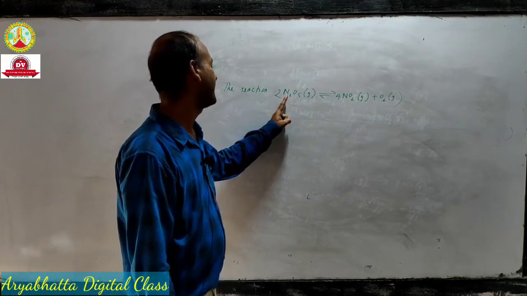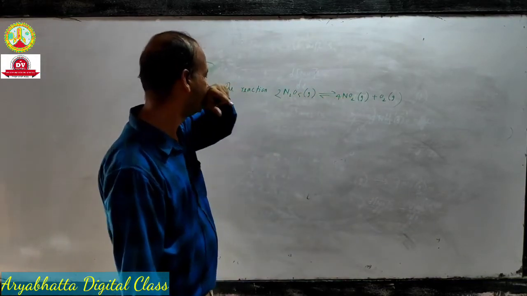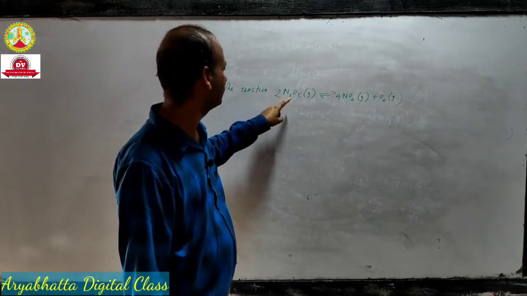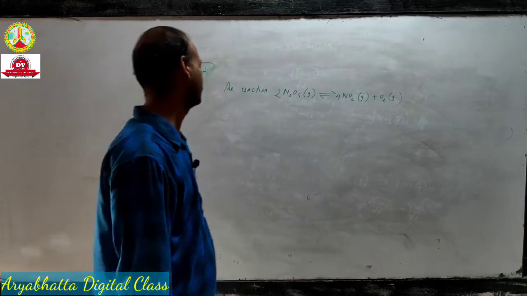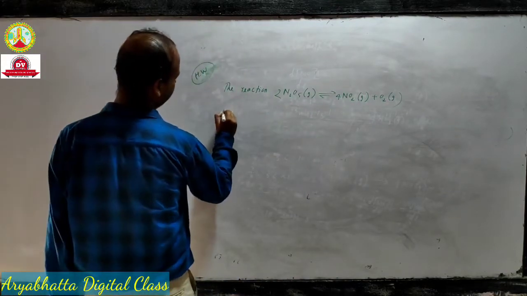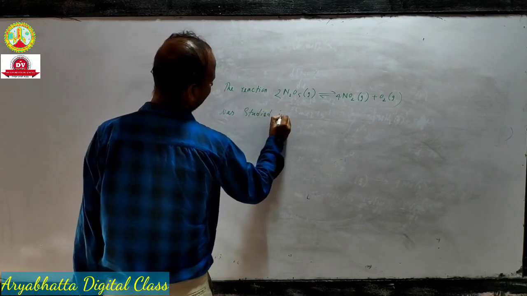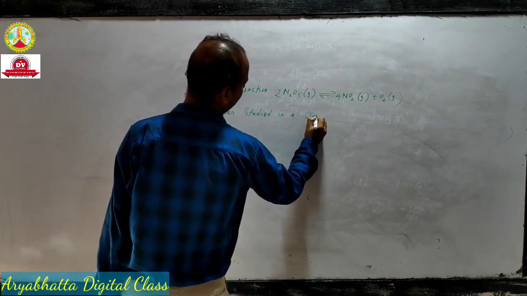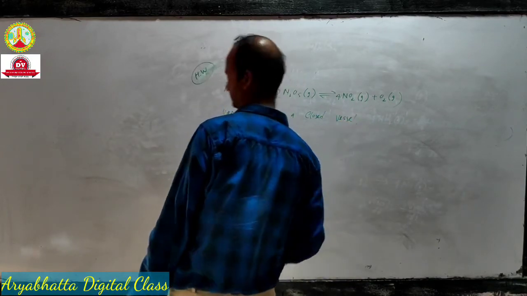Dinitrogen pentoxide reacts to give nitrogen dioxide and oxygen. Please see the balancing: 4, this will be 4, this will be 10, this will be 8.